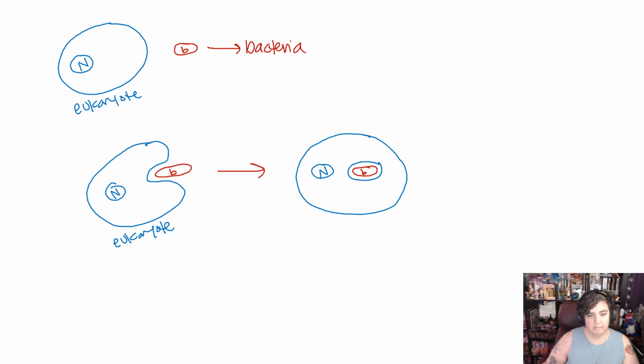That first membrane, the outer one, so the inner membrane here is the bacteria membrane. That's the membrane that was around the original bacteria, okay?